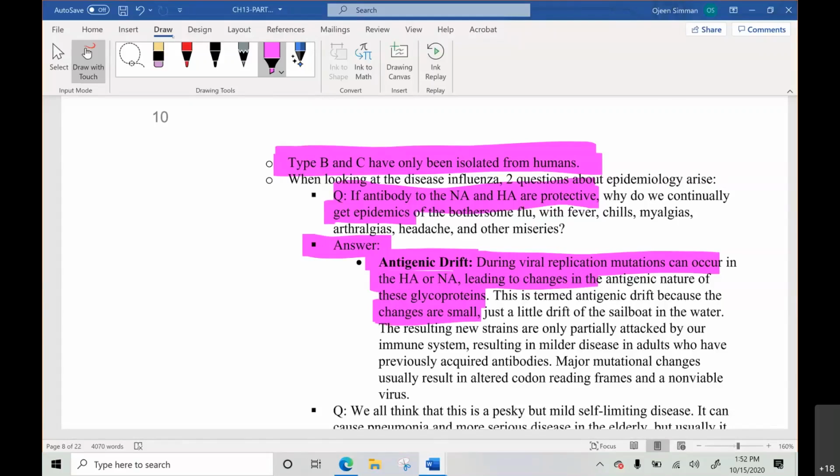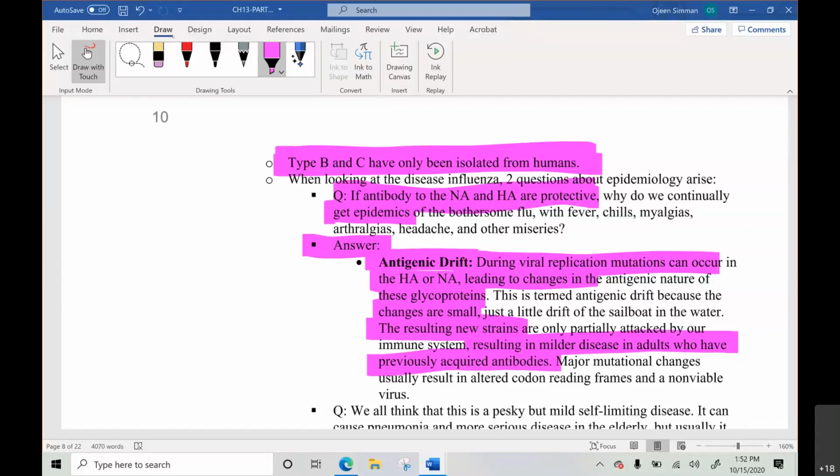This will result in a new strain. This new strain is only partially attacked by our immune system, which therefore results in a milder disease in adults who have previously acquired antibodies.